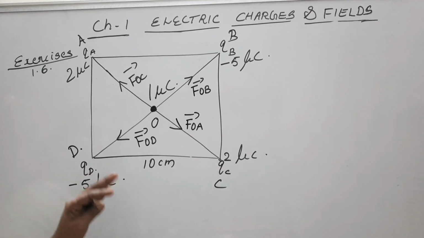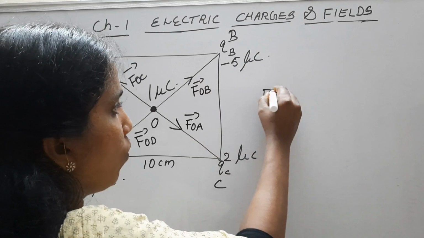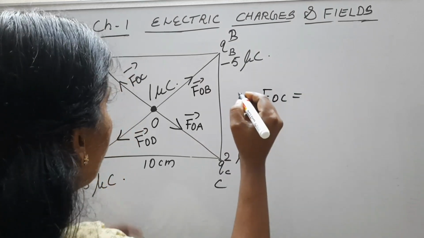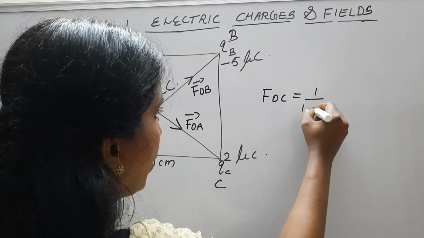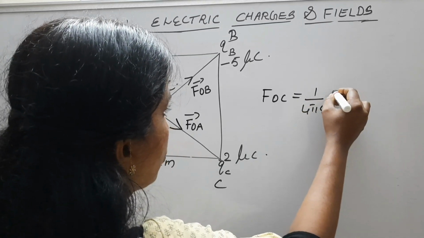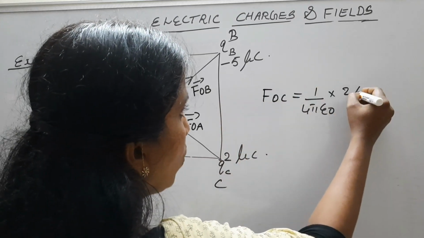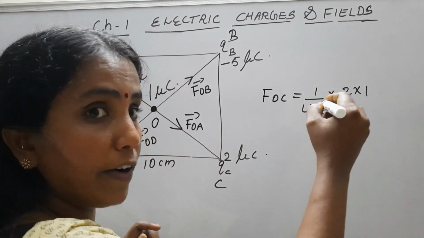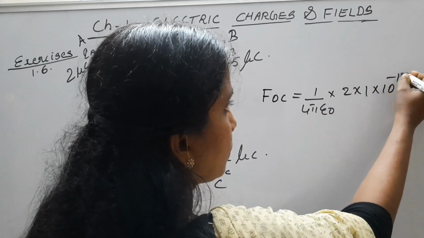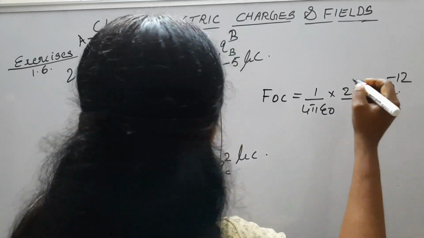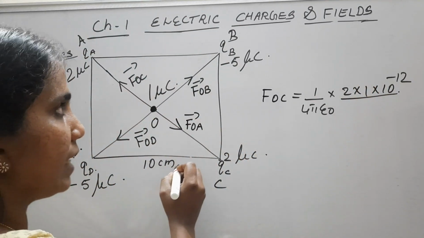When we find the magnitudes of FOC and FOA, FOC is equal to 1 by 4 pi epsilon 0 into Q1 Q2. Q1 Q2 is 2 into 1 microcoulomb. Micro stands for 10 raised to minus 6, so 10 raised to minus 12, divided by the distance squared.